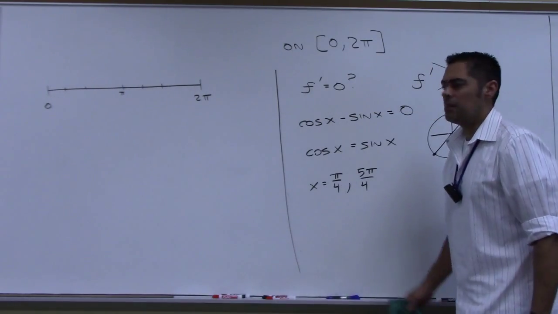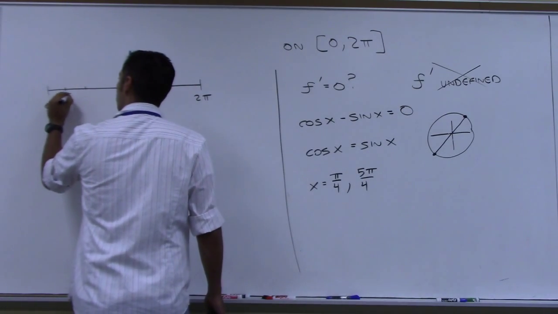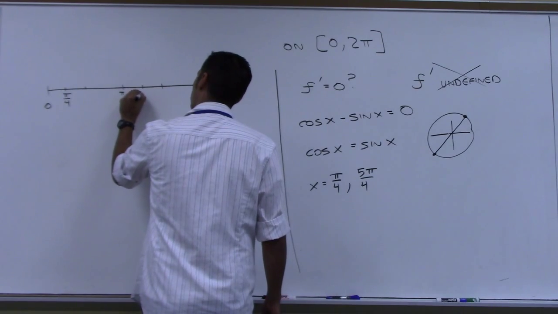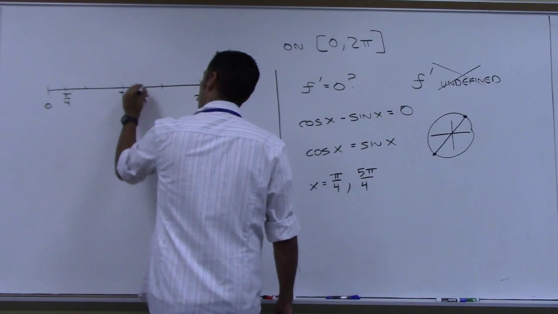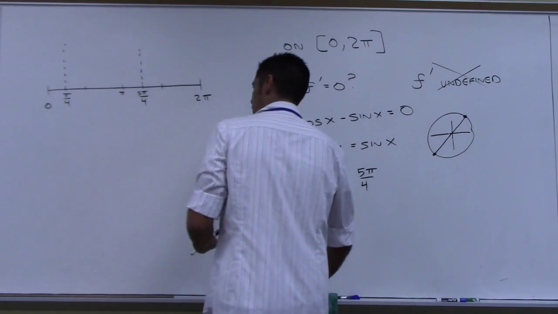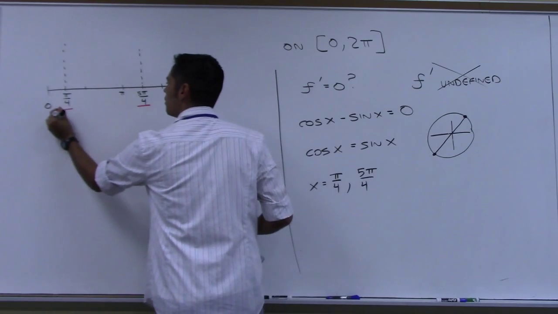We just need a rough estimate of where these are. Pi over 4 is here, and 5 pi over 4 should be here. So remember, these are the critical numbers.